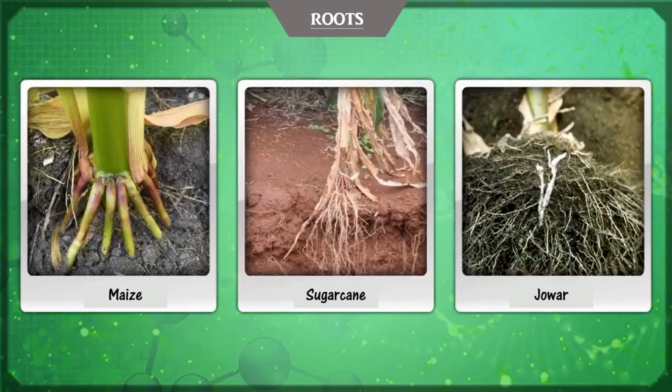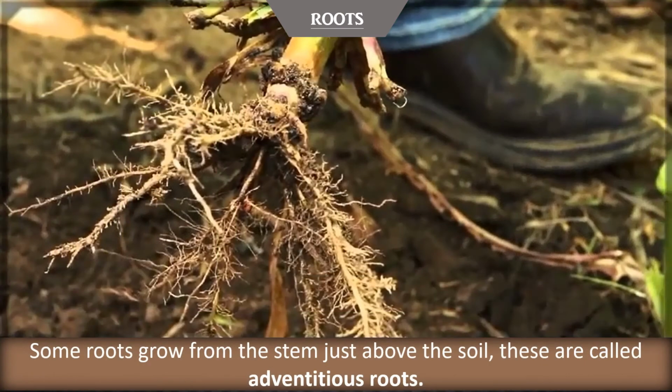Plants like maize, sugarcane, jowar have two types of roots. Some roots are underground, whereas some grow from the stem just above the soil. These are called adventitious roots.